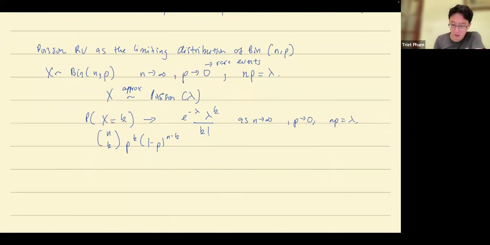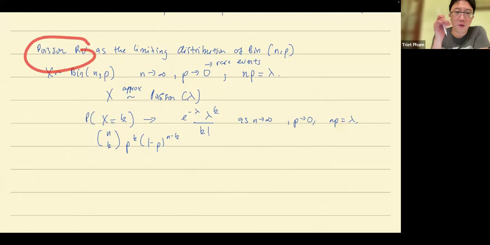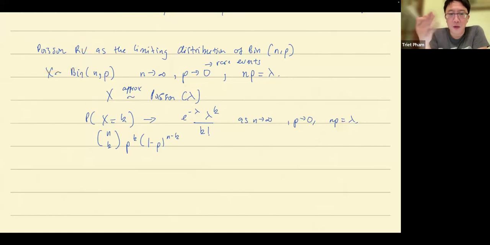So here is the importance of knowing this. The first thing, of course, is that it explains why people keep telling you that Poisson is used to model rare events. This is the reason why. Second, it explains the role of lambda in a Poisson random variable.